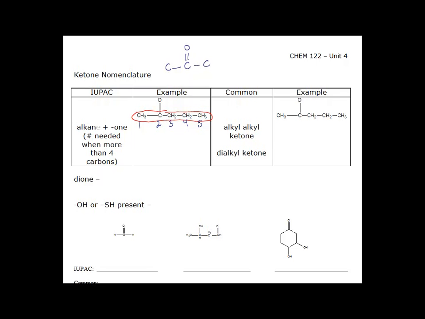Take off the E and add on one for the ketone. So that's pentanone. Now you need to tell me where the carbonyl is. Where is this ketone? Well, it's on the second carbon, so it's 2-pentanone.